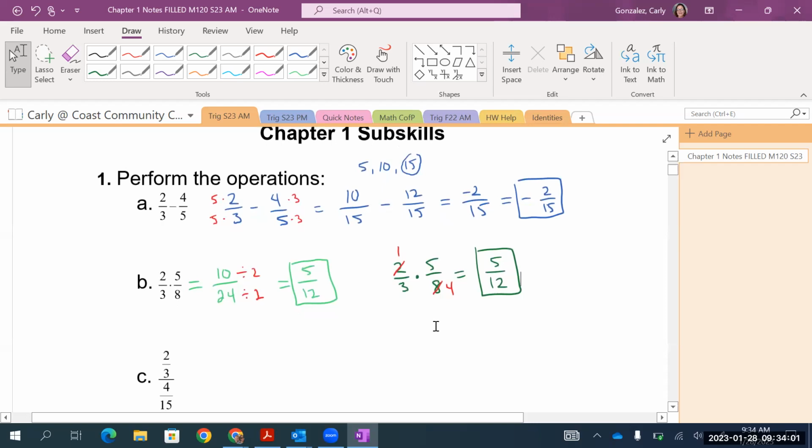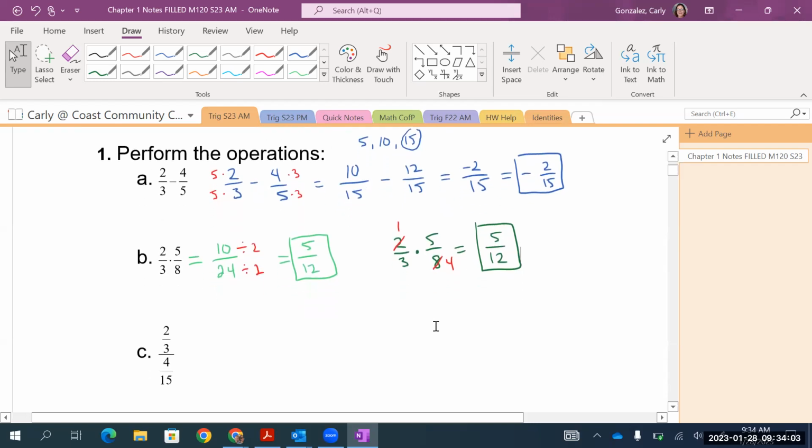Let's go on to 1C. Now we have 2/3 divided by 4/15. If you prefer, it is an option to just rewrite that using the more elementary division symbol. So we could rewrite that as 2/3 divided by 4/15.